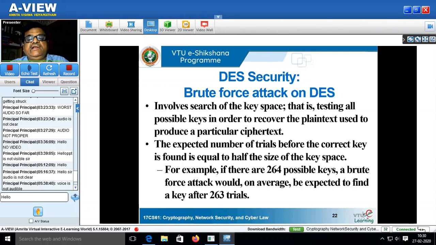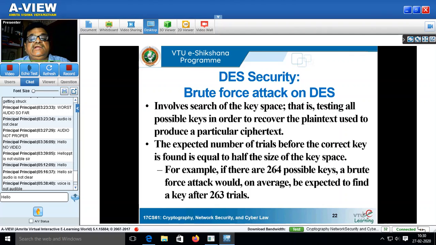If any of these relations are missing, there will always be confusion between the sender and receiver. If the receiver wants to recover, then he has to use the brute force attack on DES.